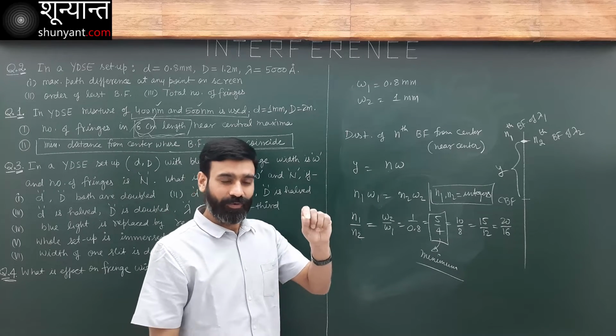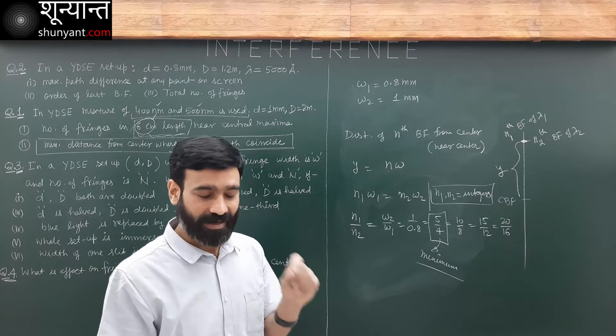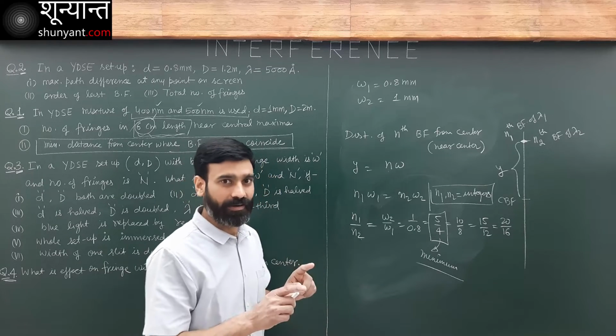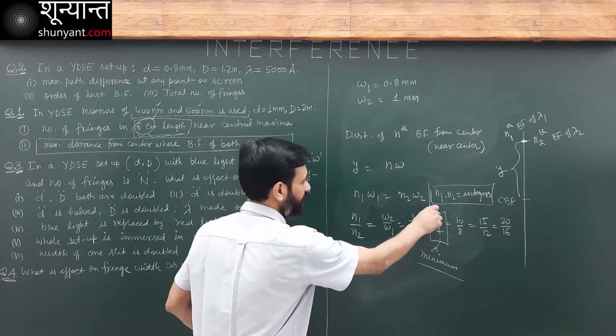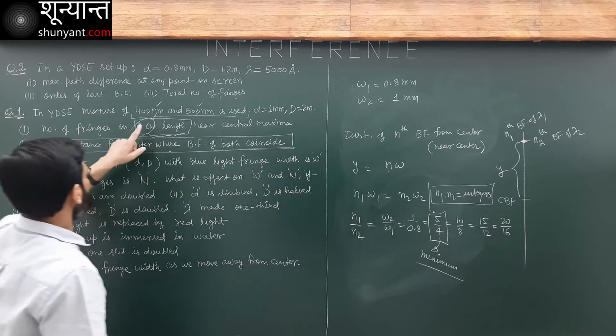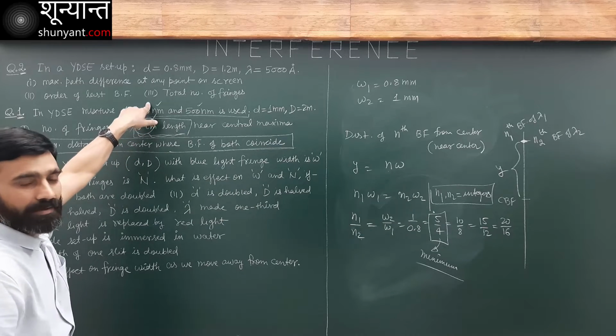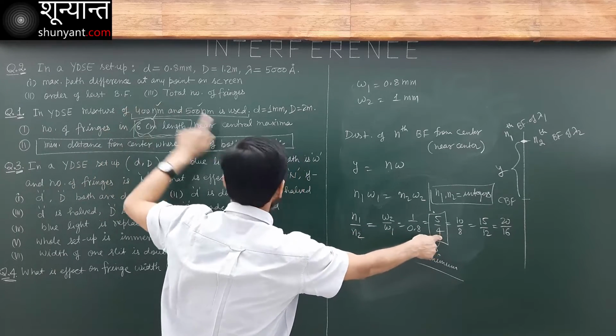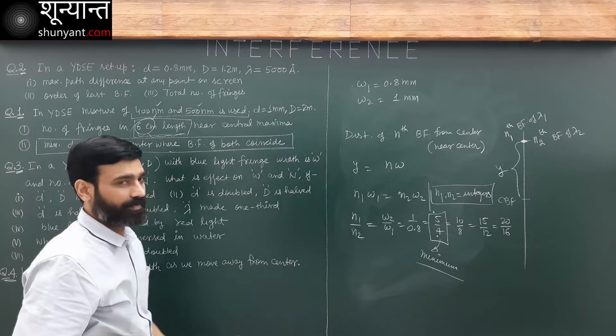That means what will be the order? At a point where both coincide, understand this, at that point I will get the fifth bright fringe corresponding to this light, N1, and the fourth bright fringe corresponding to this light.